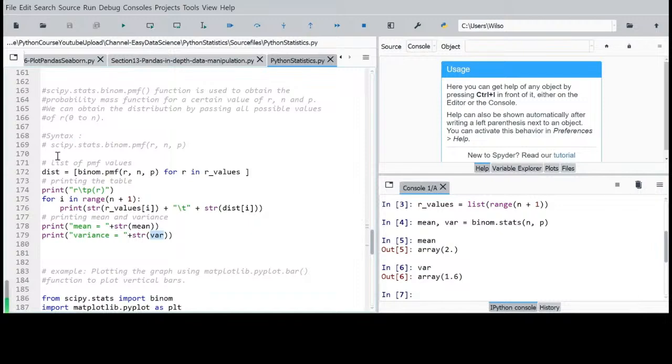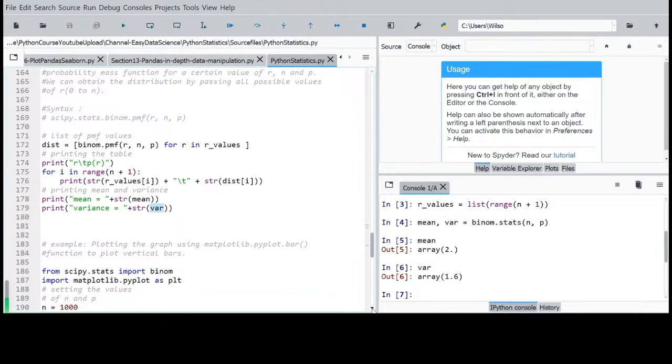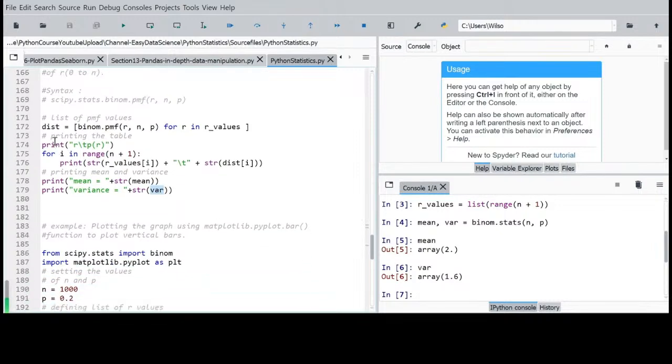The syntax for this function is scipy.stats.binom.pmf, with r and p as the parameters. So we can calculate binom PMF for each value of r, calculate this probability, and put it in a list.